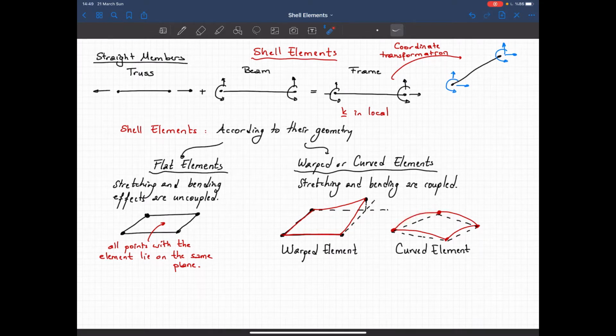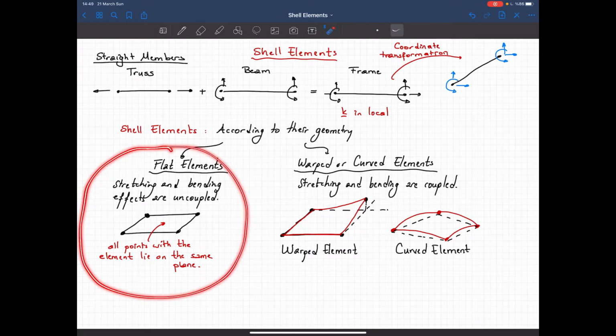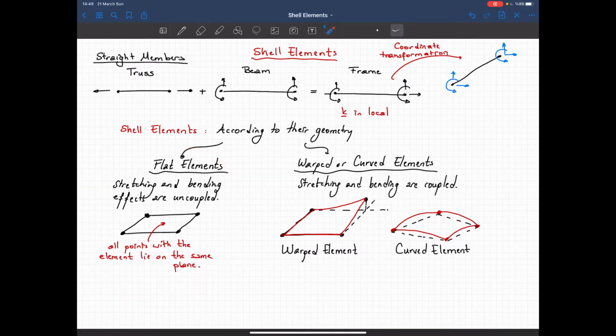And the main difference of these elements is, when you apply an axial load to the node, it will create moments. So in other words, the stretching and bending are coupled, so we have to formulate these types of elements in a different manner. As a starting point, let's take a look at the flat shell elements.